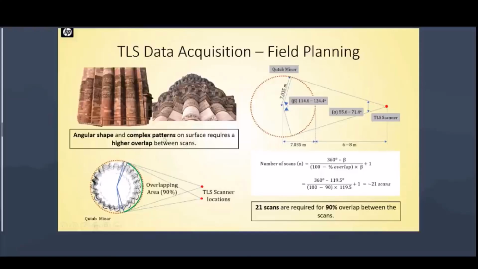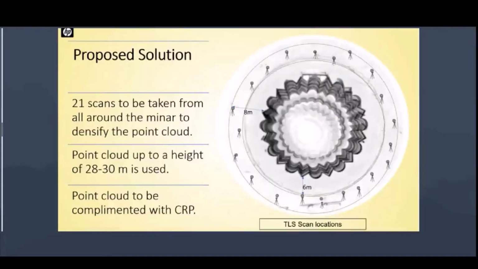There are also complex patterns here which obstruct the views. It's not a simple structure. All these aspects formed limitations as to how we had to plan the field. So this was the field planning for the TLS scan.